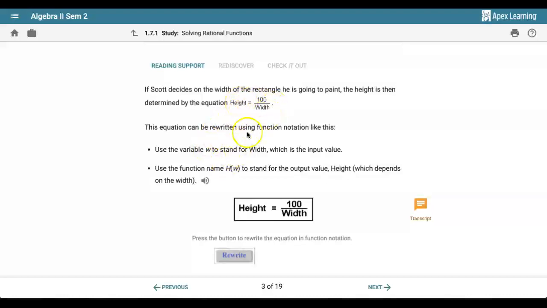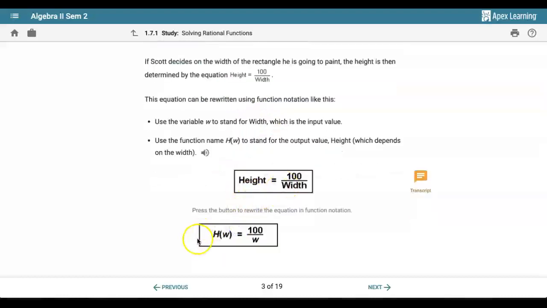The value for height is determined based on whatever value you put in for width. That's what it means. So we can rewrite our expression as h(w) equals 100 divided by w, right? So height as a function of width is equal to 100 divided by width, is what that's saying there. Okay?